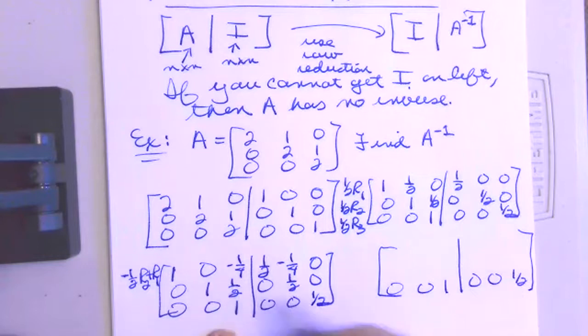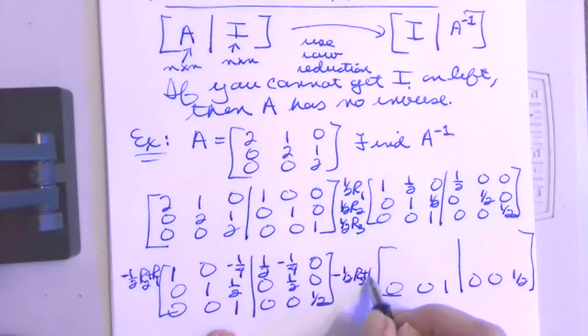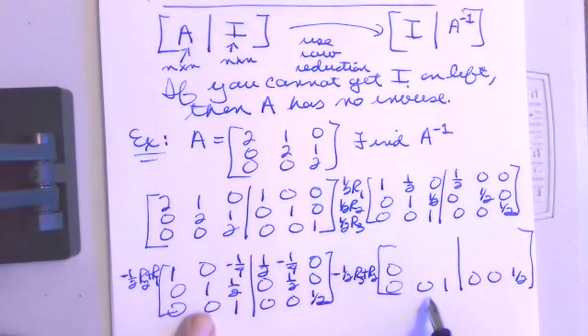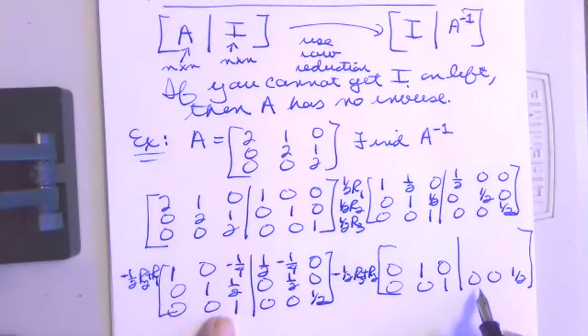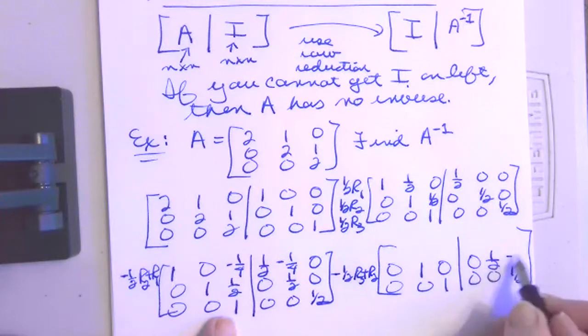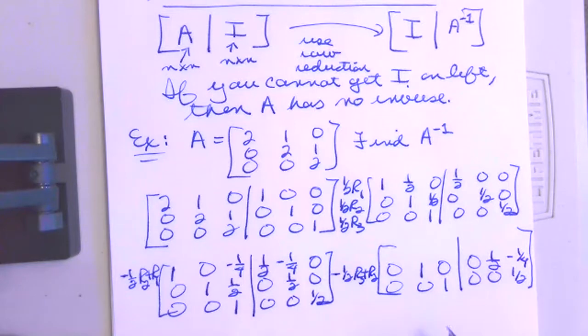Okay, so to get rid of a 1/2, I do minus 1/2 row 3 plus row 2. So that'll be 0 and 0 is 0, 0 and 1 is 1, minus a half and plus a half is 0, 0 and 0 is 0, 0 and a half is a half, and then minus a fourth and 0 is minus a fourth. Okay.